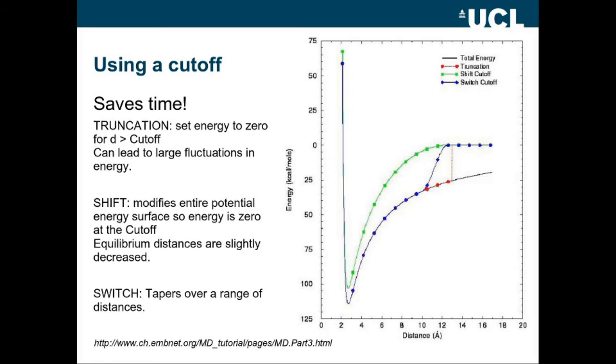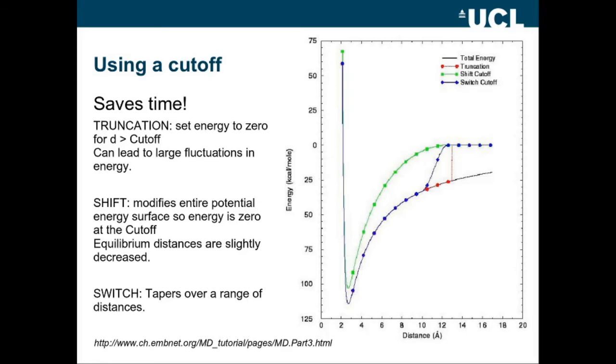So in practice, what we tend to do is use some sort of cutoff, by which I mean that if the distance between atoms is greater than this cutoff, we don't bother to do the calculations, because as we saw for the van der Waals interactions, the Lennard-Jones potential, there's a very, very rapid fall off in the energy, and for electrostatics it goes with roughly the square of the distance.